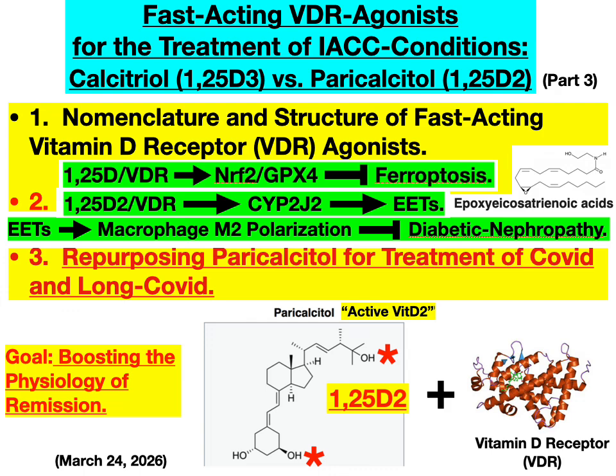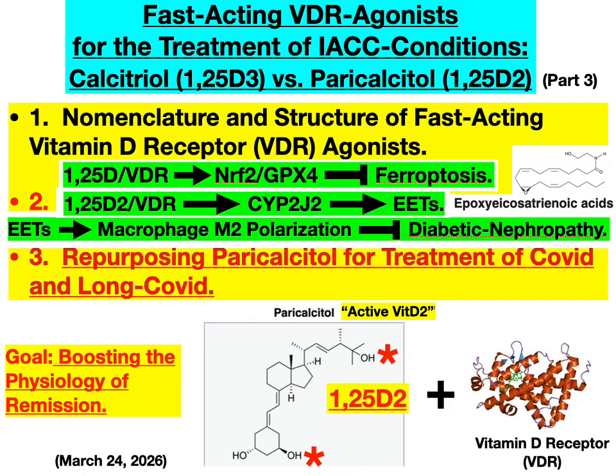The second, more recently recognized pathway is the upregulation of an enzyme, CYP2J2. This is a member of the cytochrome P450 family of enzymes. There's 57 of these enzymes in the human genome. This cytochrome P450 enzyme is an epoxygenase, which means it puts epoxy groups on lipids such as arachidonic acid.